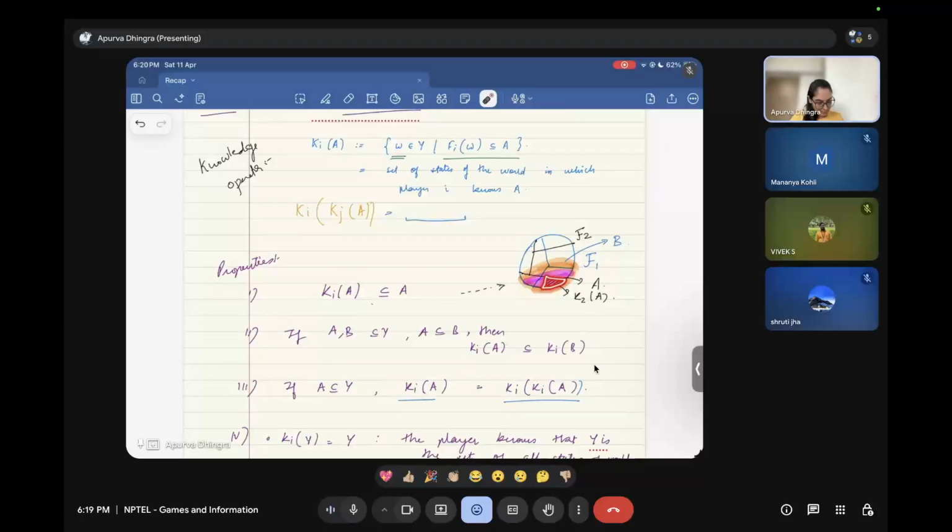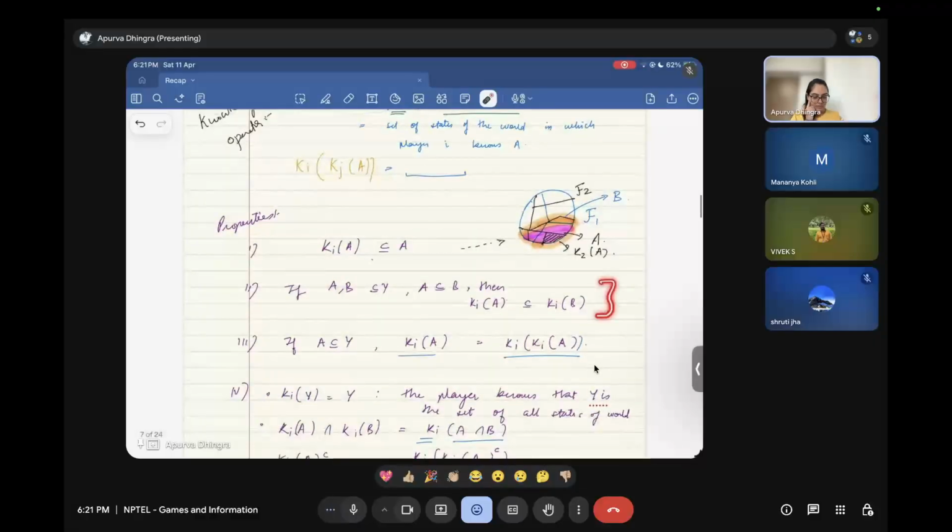This would be the knowledge operator of event A. For event B, in this particular example it turns out to be the same, but maybe if we had something like this, then the knowledge operator for B would cover this region also, and hence Ki of A is going to become a subset of Ki of B. So this relation also holds.